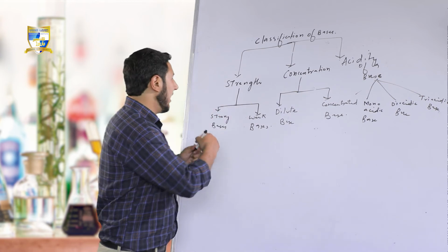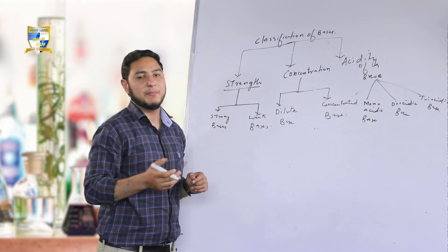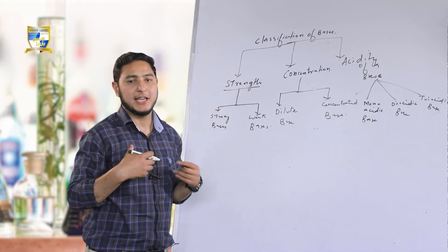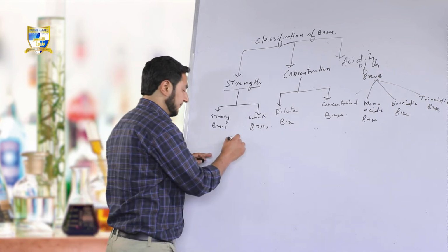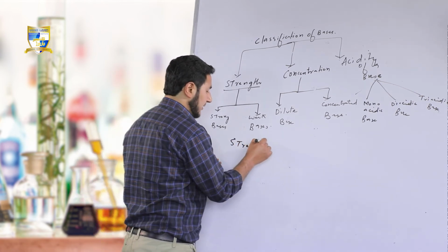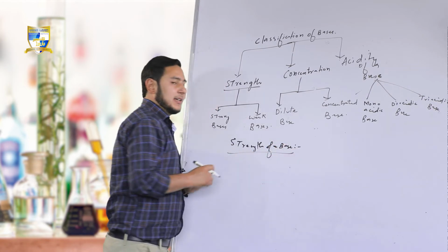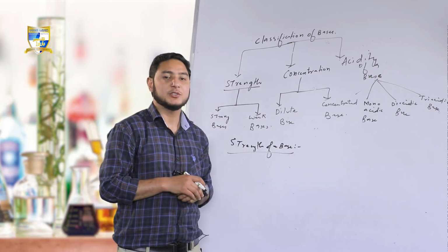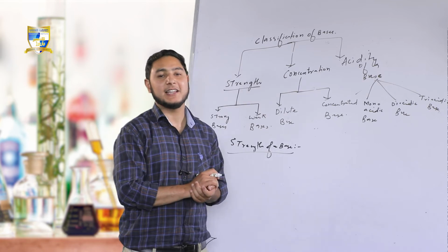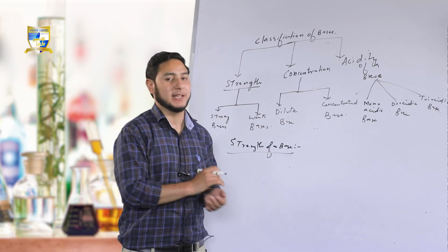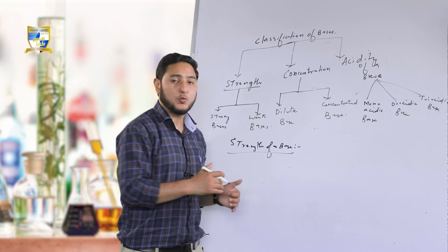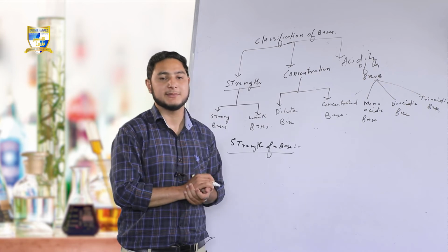Firstly, we will discuss the strength of a base. What do we mean by strength of a base? Strength of a base means to what extent degree of ionization takes place, or to what extent degree of dissociation takes place.